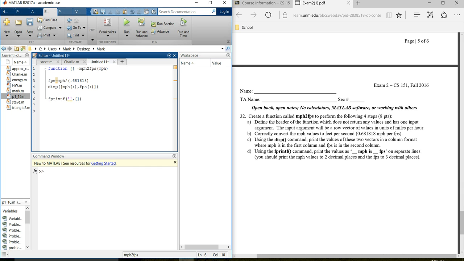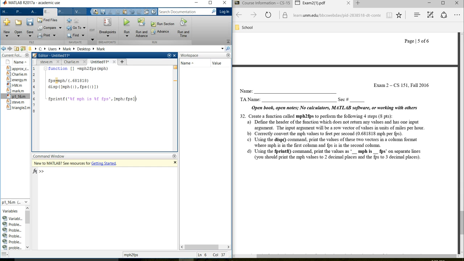And he wants %f mph, and I'll go back in and fill everything in. %f FPS. I'm just putting it into a basic format. This is going to be mph, and this is going to be FPS.